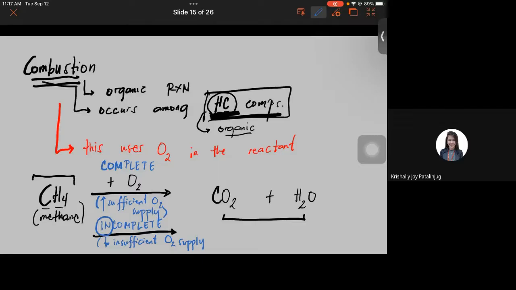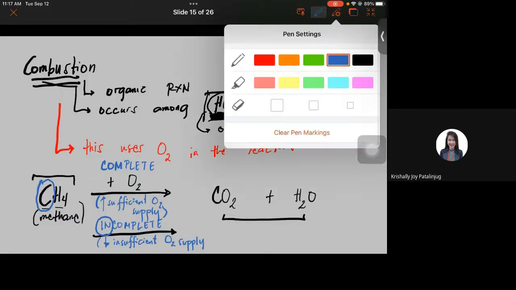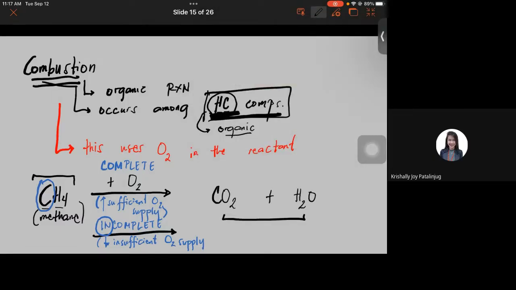Meaning to say, not all the carbon present in that compound will be burned because of insufficiency of oxygen supply. Okay? And therefore, the products here, instead of carbon dioxide, will be replaced by a fatal gas, carbon monoxide.